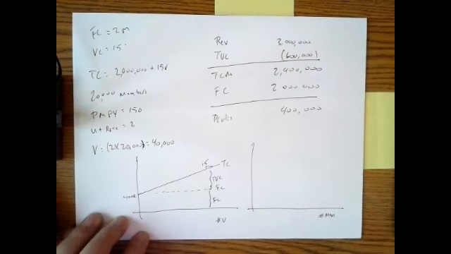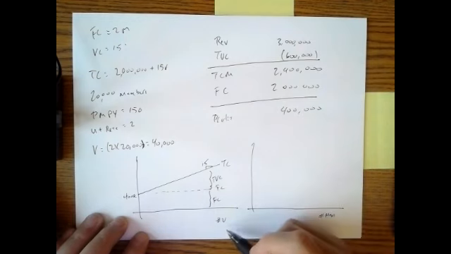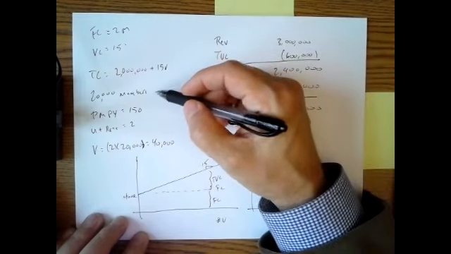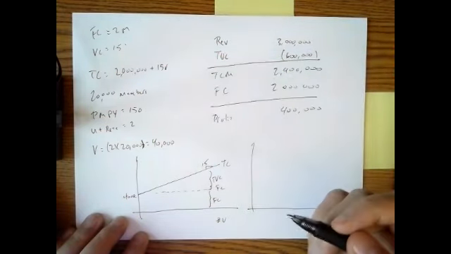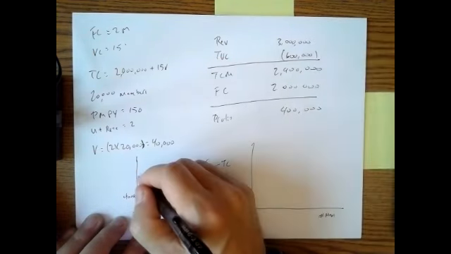And then our revenue. Here's what's different from what we've done in the past. Our revenue is not connected to the number of visits. It is connected to the number of members that we have. So it's a fixed amount equal to 3 million.